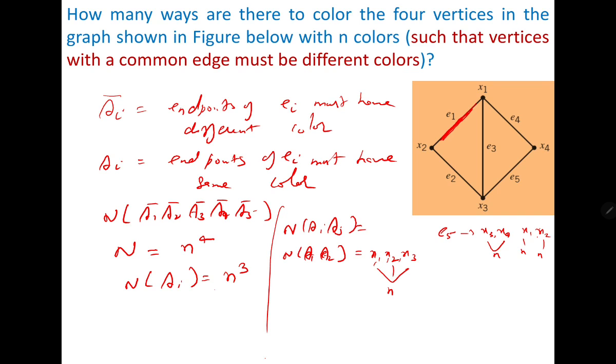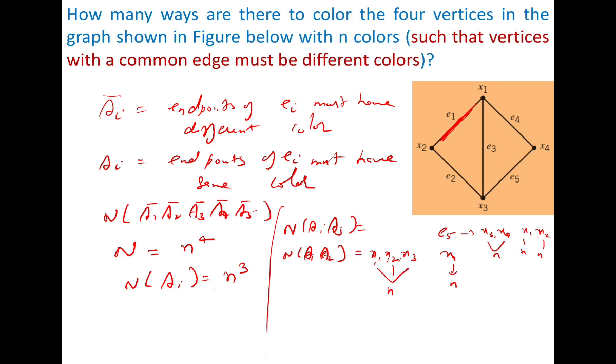If I use n choices for x1, the remaining should have the same color, but then x4 must have a different color. Now if I choose the two edges instead of a1 a2, let's say e1 e4, then what will happen? The endpoints are x1 x2 and x1 x4.